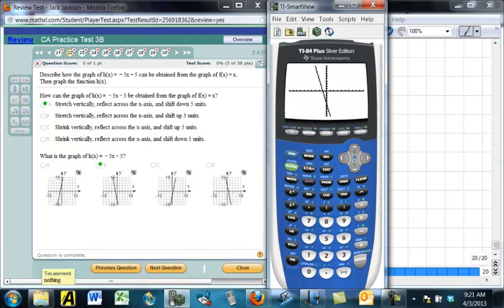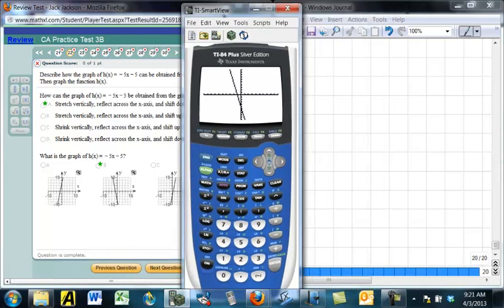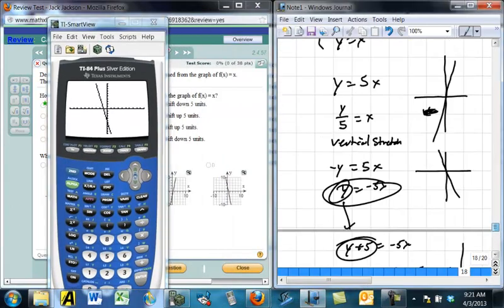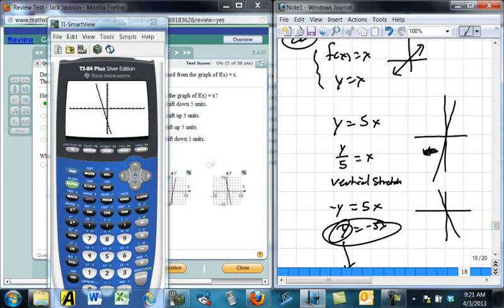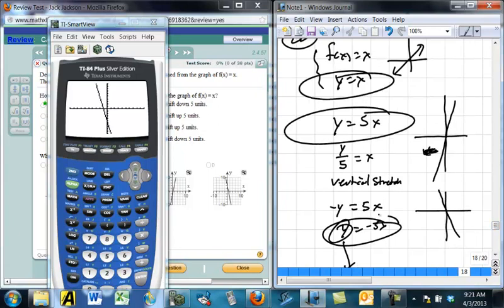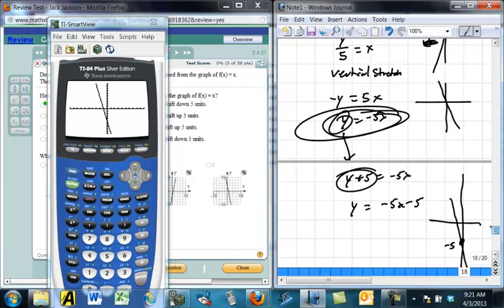That alone is enough to tell you it's got to be B. And once we solve for y, we could graph each of these steps if we put in this one, this one, this one, and this one as y1, 2, 3, 4. You can see that in stages.